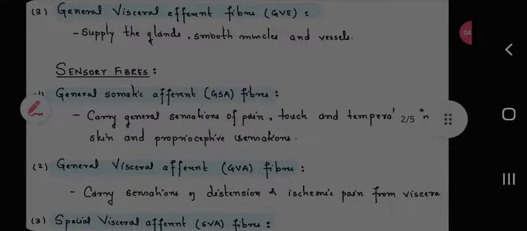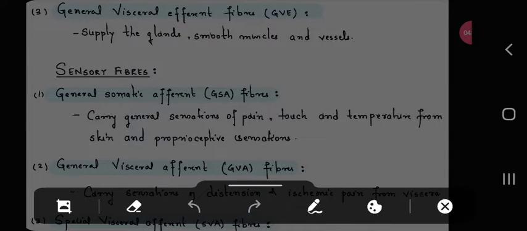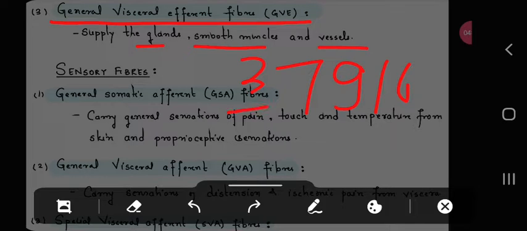Now general visceral efferent, GVE. The GVE column supplies glands, smooth muscles and vessels. The nerves are 3, 7, 9 and 10, and these carry parasympathetic fibers.